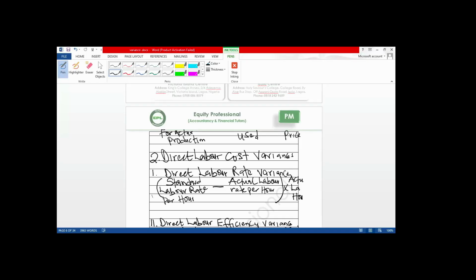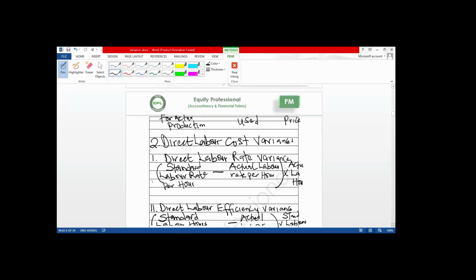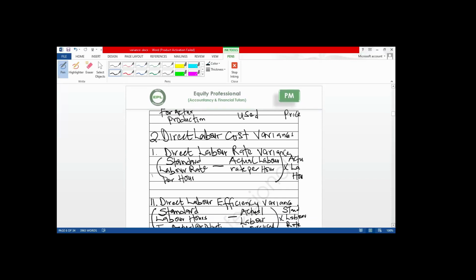Standard labor rate per hour minus actual labor rate per hour multiplied by actual labor hours. Roman figure 2, direct labor efficiency variance.